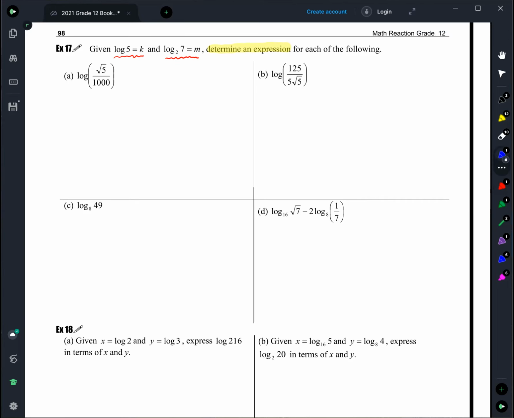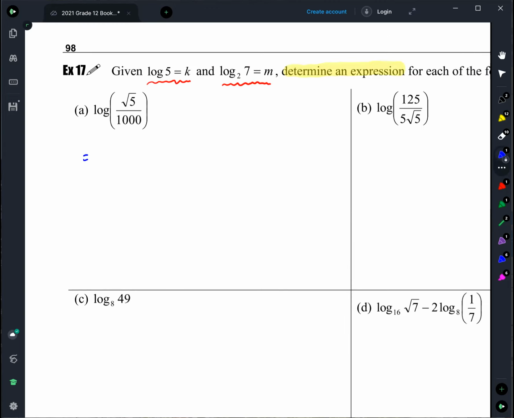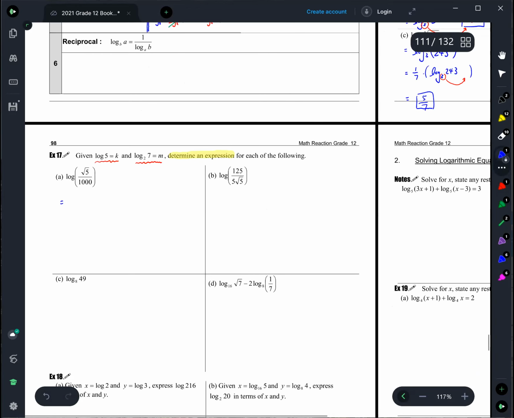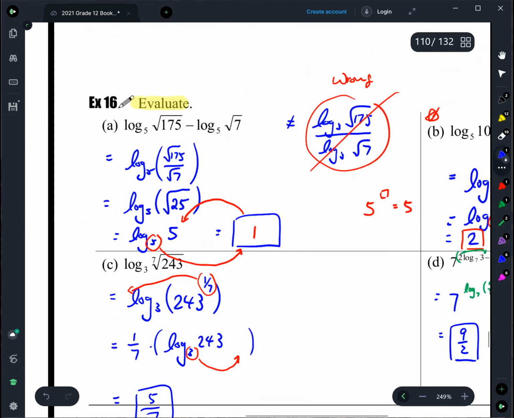So let's look at our first one, to see what is meant by expression. In this one, the inside has dividing. Compare with what we had before: before it was more than one log, and then you turned it into a single log.